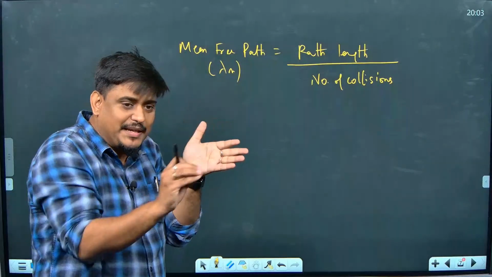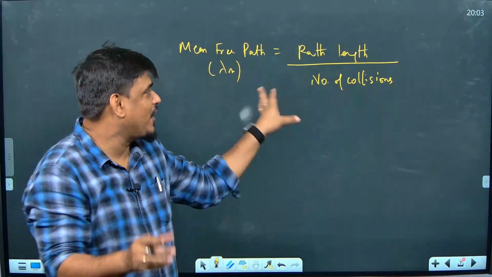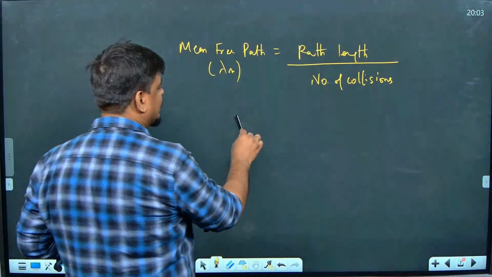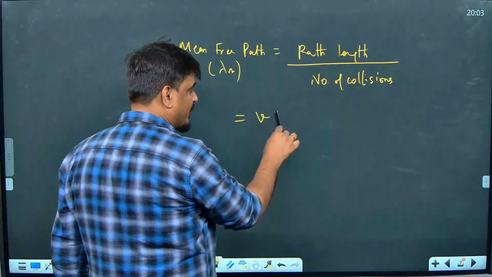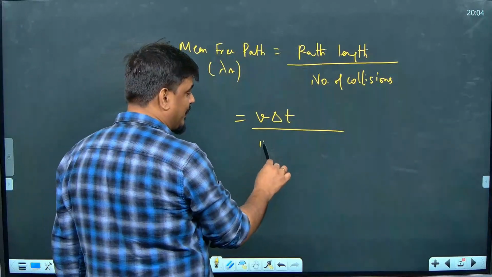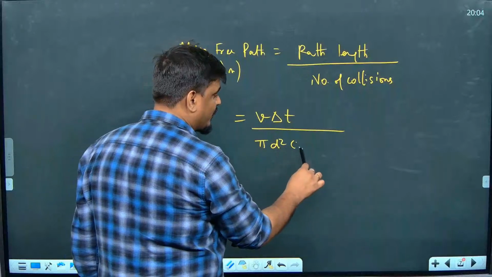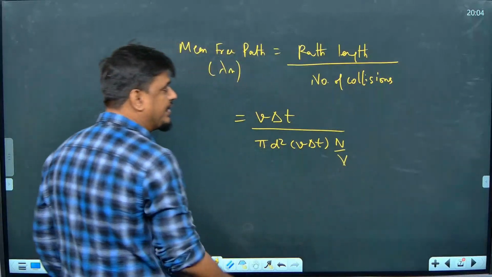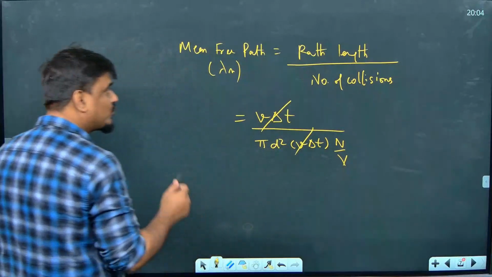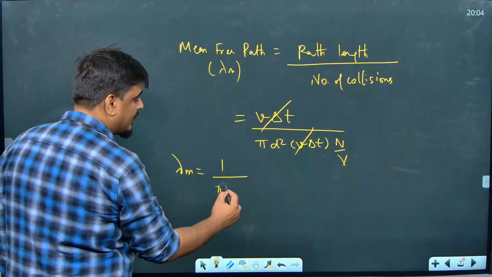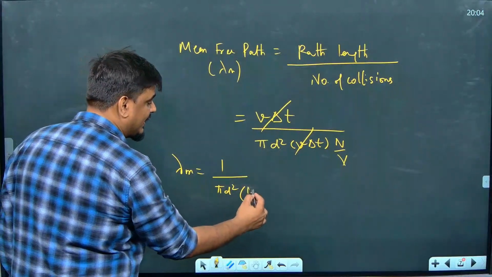Total path length is V delta t. What is the total number of collisions? Pi d square V delta t into n by V. The V delta t gets cancelled.